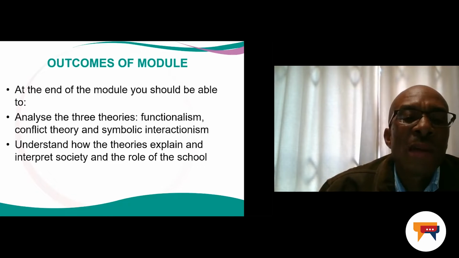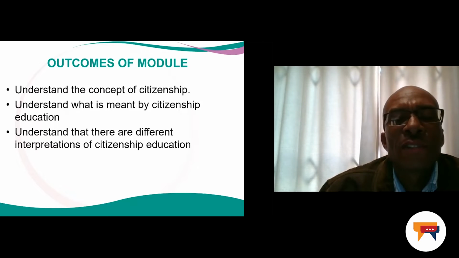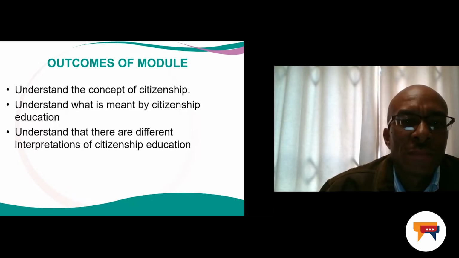You should also be able to understand how the theories explain and interpret society and the role of the school. You are also expected to understand the concept of citizenship, understand what is meant by citizenship education, and understand that there are different interpretations of citizenship education.